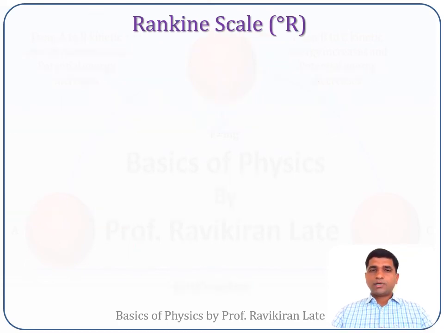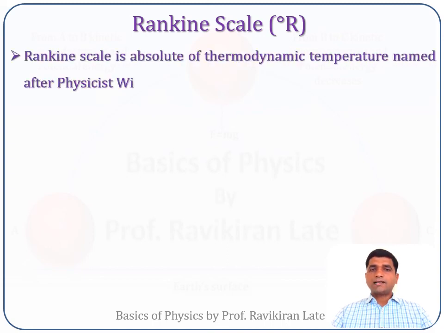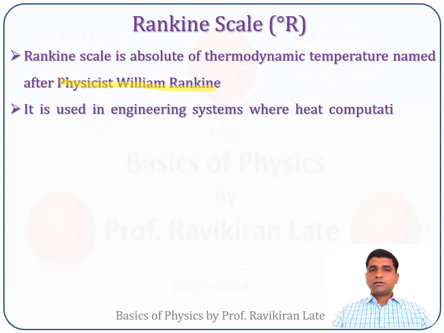Now the last temperature scale is called the Rankine scale. The Rankine scale is an absolute thermodynamic temperature scale named after the physicist William Rankine. This Rankine temperature scale is widely used in engineering systems where heat calculations are considered.